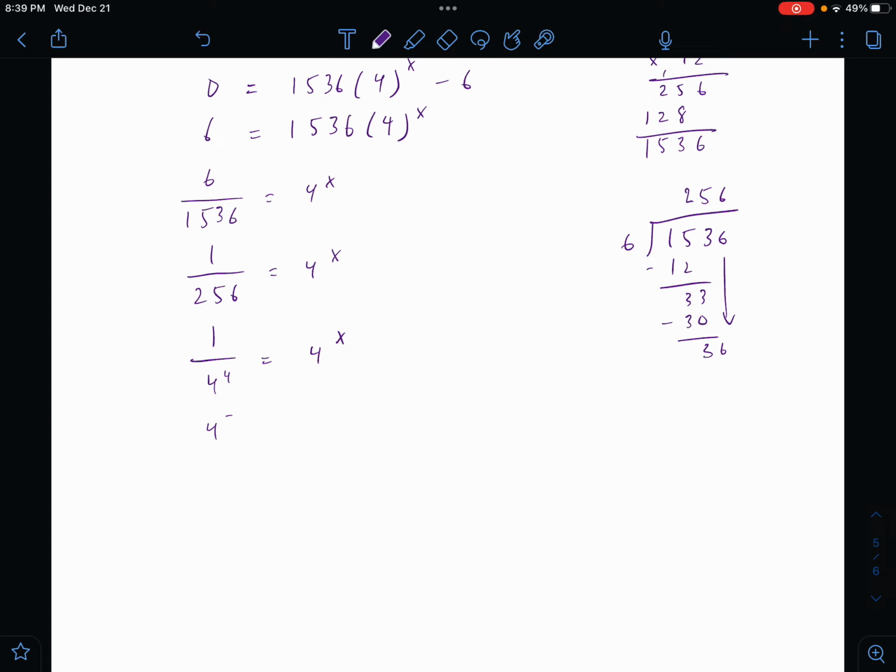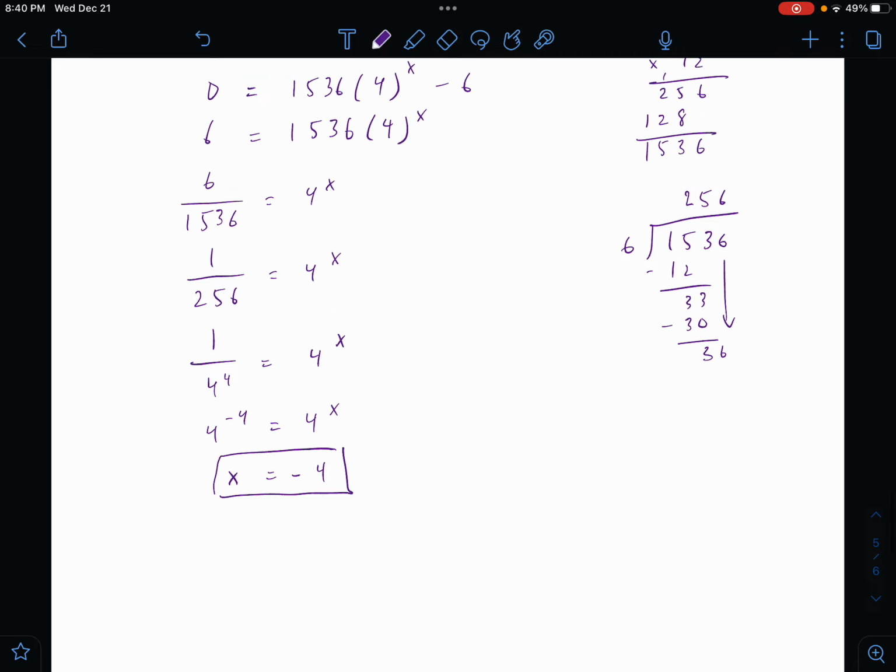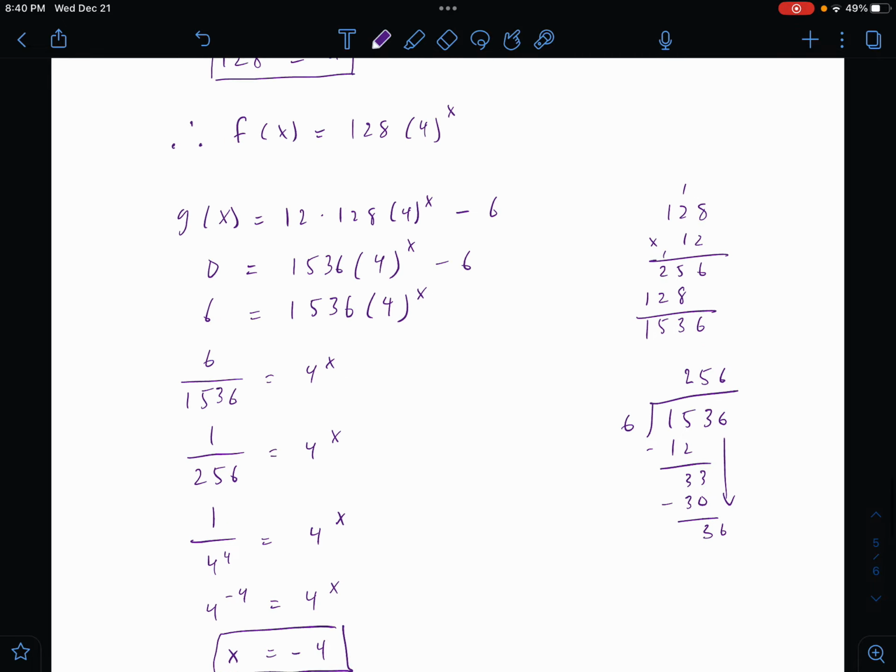Then we get 4 to the exponent of negative 4 is equal to 4 to the exponent of x. And so that means that x is equal to negative 4 would be the answer here. Okay, so that is going to be the x-intercept here.